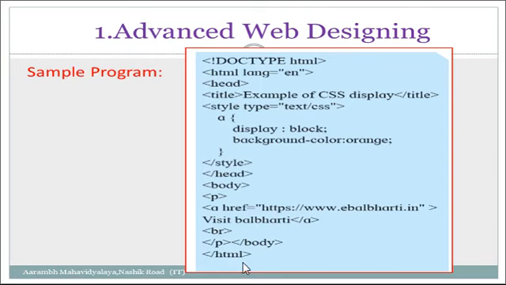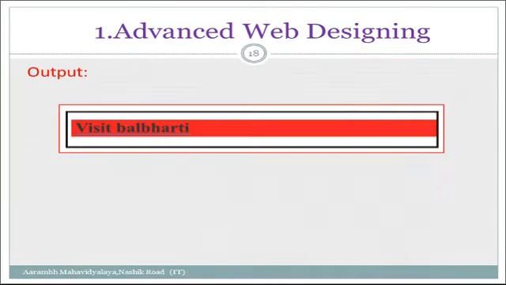Then ended all the things. See its output. Here you will get the visit Balbharati data, and when you click here you can see the complete website of Balbharati. Okay, it's a simple one. Through the display property you can display any data using CSS.